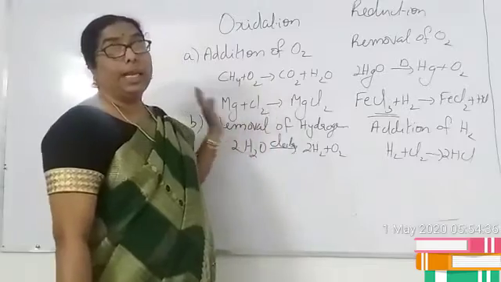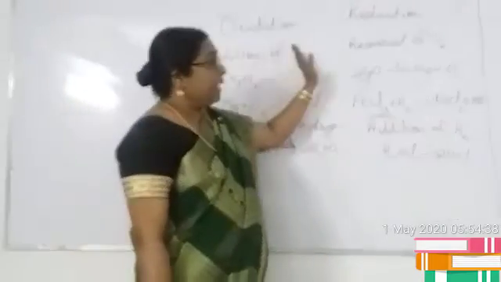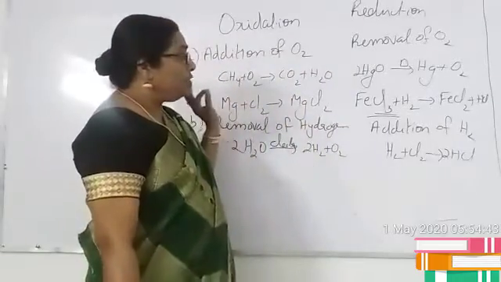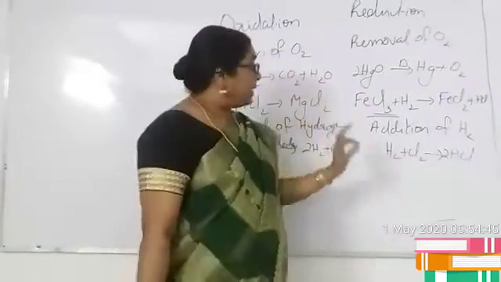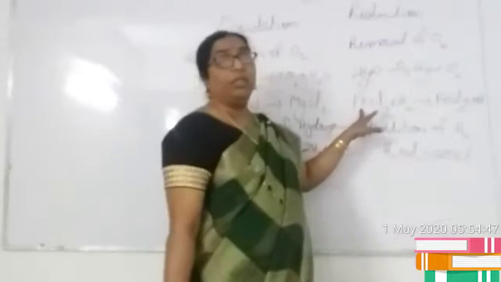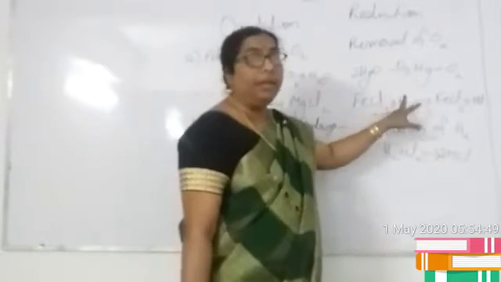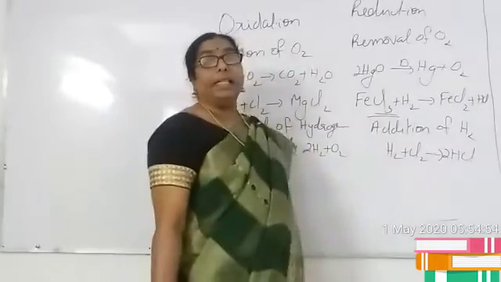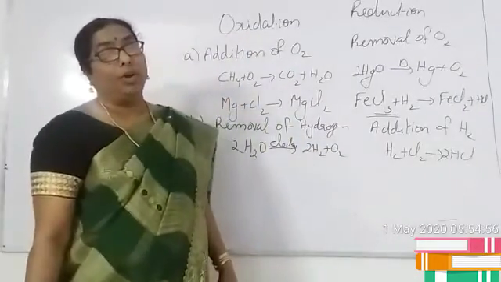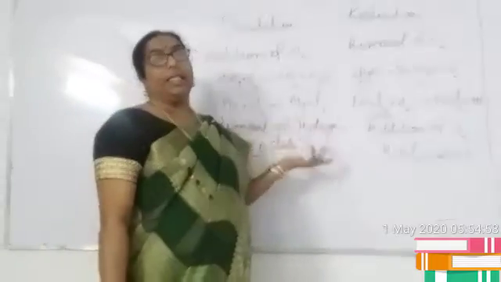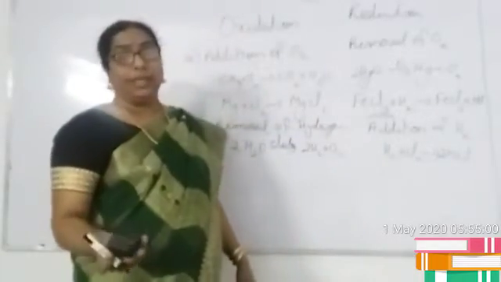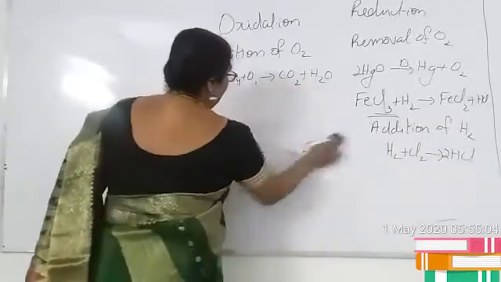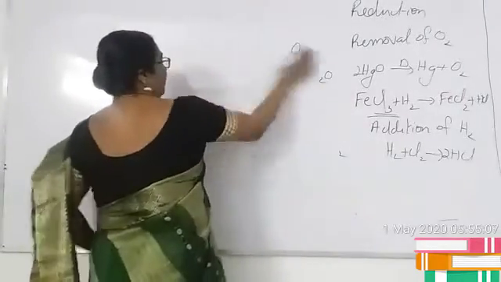Reduction in terms of oxygen is the process which involves removal of oxygen or removal of electronegative radical, or in terms of hydrogen, the process which involves addition of hydrogen or addition of electropositive radical. Is it clear children? Now let us consider certain common examples.